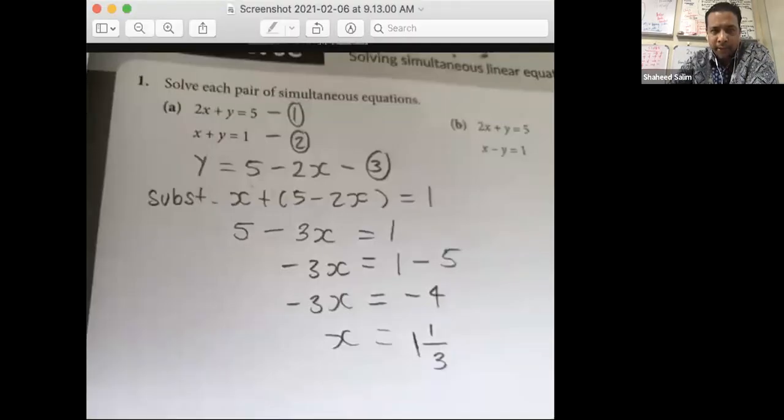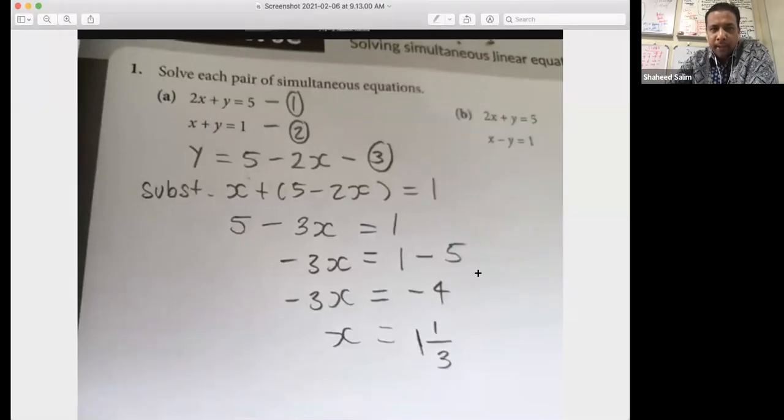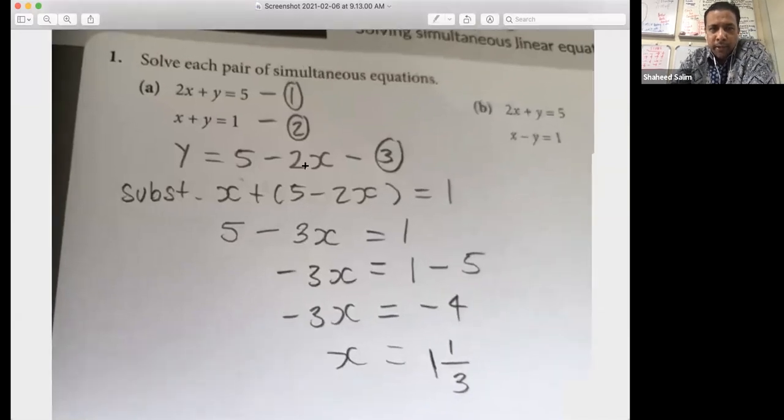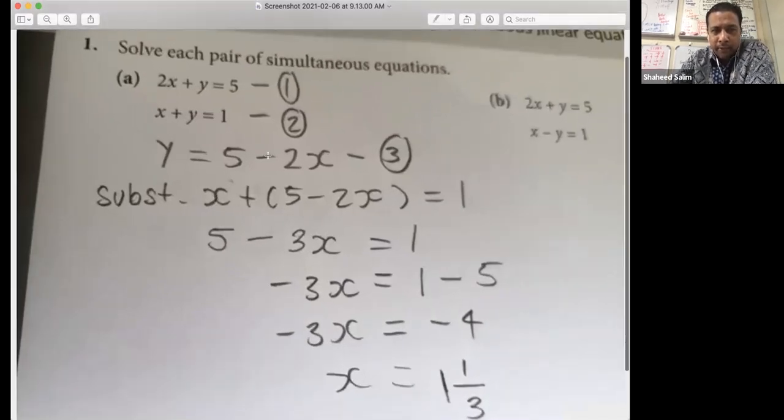This is your working, correct? Now, Emma, you wrote it like that. You put the value of y equals 5 minus 2x into here. So you get x, correct? Then plus this value equals 1. And then suddenly, what happened to this? You see now the next step, you remove the bracket.